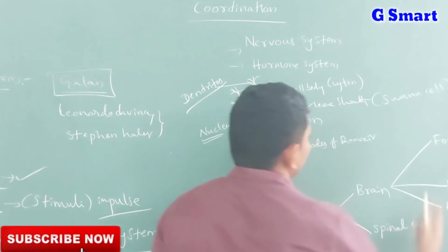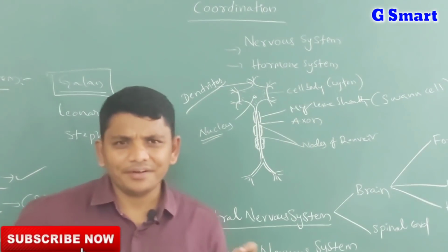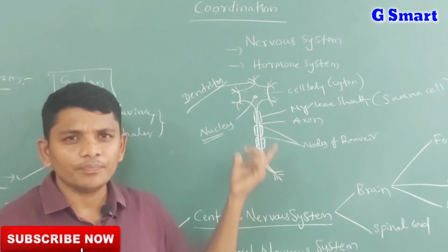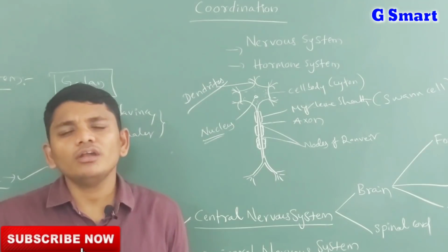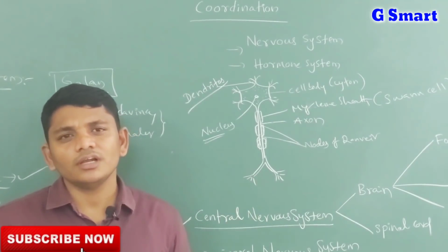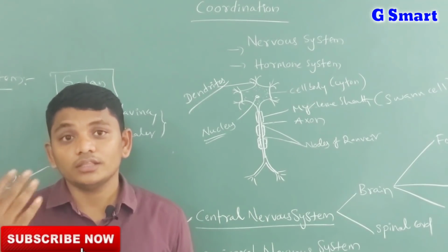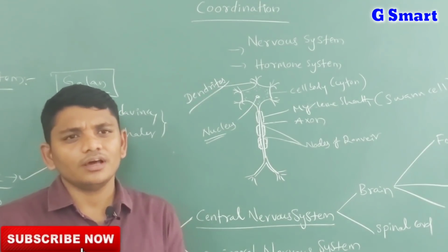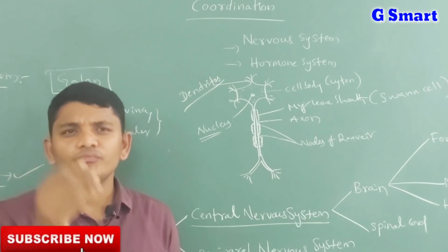For a better understanding, I am telling you important points regarding the nerve cell. If I want to tell about the nerve cell elaborately, I need 3 or 4 hours. For your examination pattern, I am telling you only a few important parts.